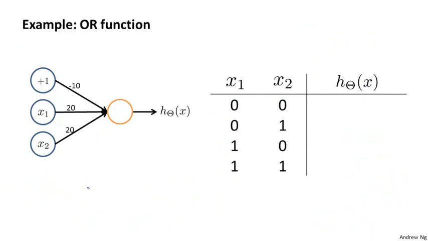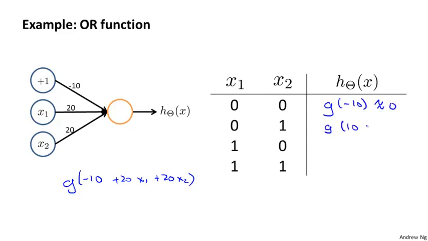Just to show you how I worked that out, if you write out the hypothesis, you find that it's computing g of minus 10 plus 20x1 plus 20x2, and so if you fill in these values, you find that that's g of minus 10, which is approximately 0, g of 10, which is approximately 1, and so on. And these are approximately 1, and approximately 1, and this is essentially the logical OR function.